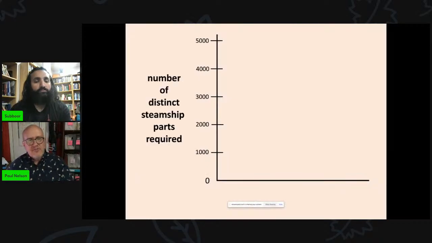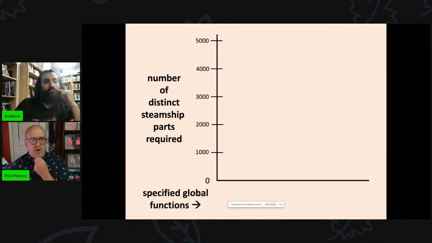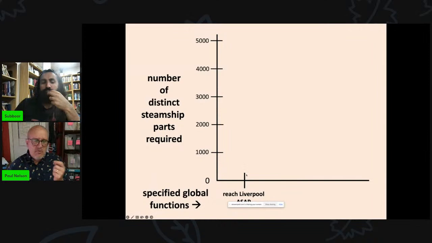Now, let's do a two-axis plot here, where on the vertical axis we have the number of distinct steamship parts required. Along the horizontal axis, we're going to specify our global function. And we can say, well, reach Liverpool as soon as possible. That's what Fogg is trying to do.